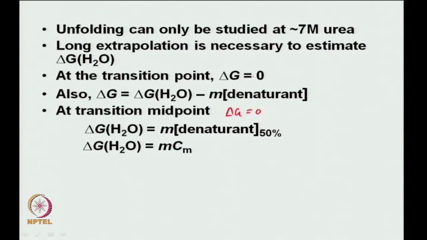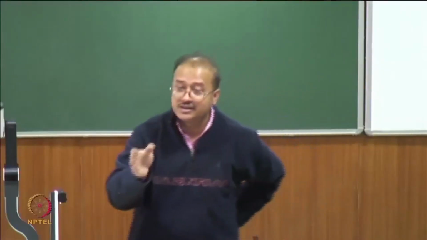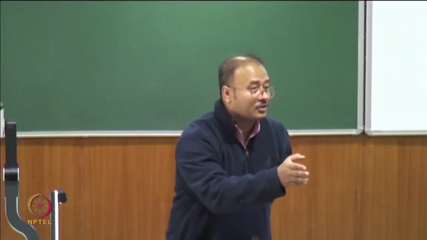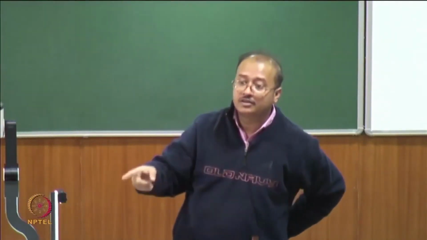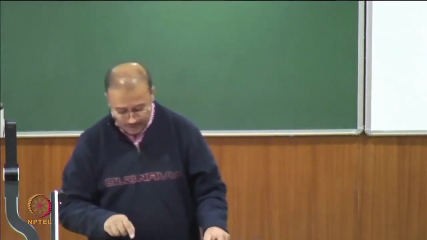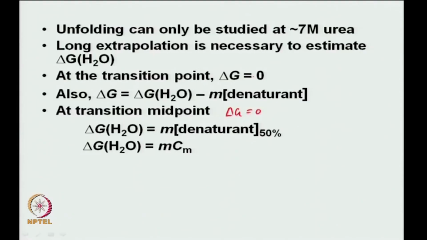50% means I am just at the midpoint, it is called the transition midpoint, exactly like your Tm. So, like Tm you have a very similar thing out here, it is Cm, right, and that is what delta G H2O is equal to m Cm is talking about. So, Cm is essentially that concentration of a denaturing species which brings about 50% change, that means you have 50% unfolded, 50% folded.